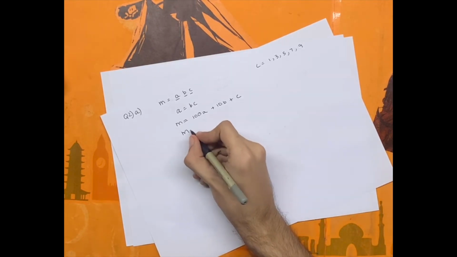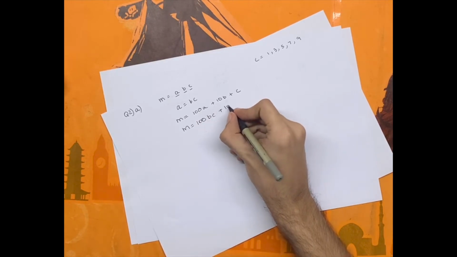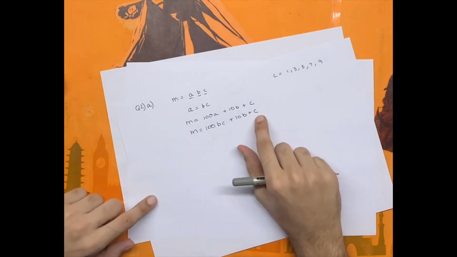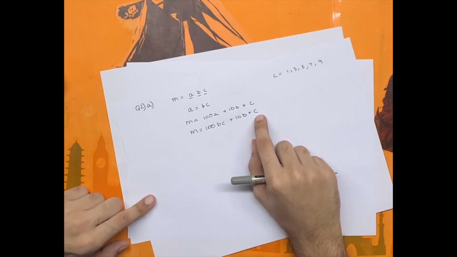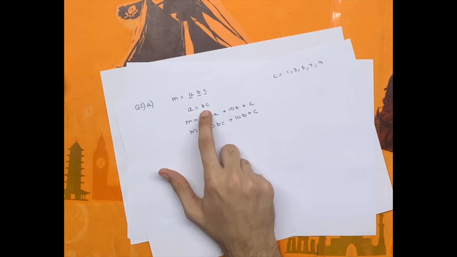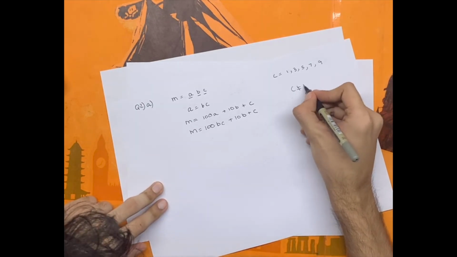So let's go ahead and put that in. If c is 1, that means b can be any number, but a will also be equal to b, so we have to eliminate that, as it says a, b and c are all distinct digits.